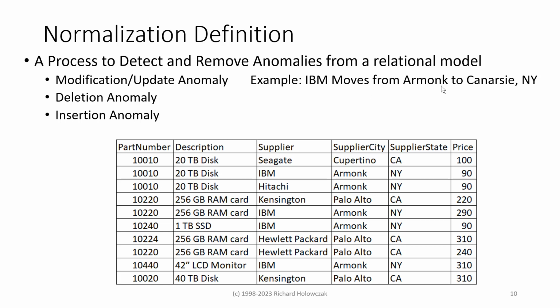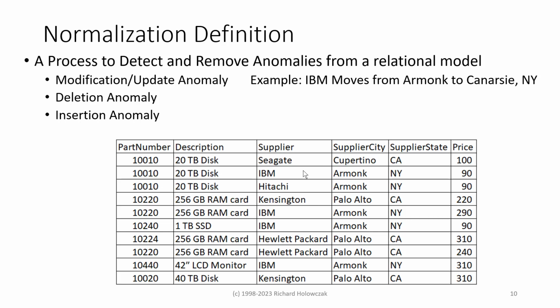If IBM decided to move from Armonk to Canarsie, we would have to go through, and everywhere you see Armonk here for IBM, we would have to update it. Now, you're probably thinking, what's the big deal? Well, imagine if we had thousands or millions of suppliers or a list of 1 million customers with all of their different address information.